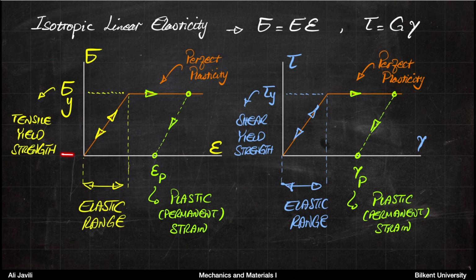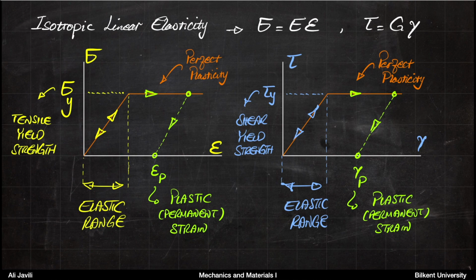So remember, this line means that stress is 0. So if there is no stress on the material, but you have reached the plasticity region, that means there would be a permanent strain, or a plastic strain, remaining in the material, and we show that by epsilon p. Okay, so permanent means that the strain remains in the material although there is no stress.